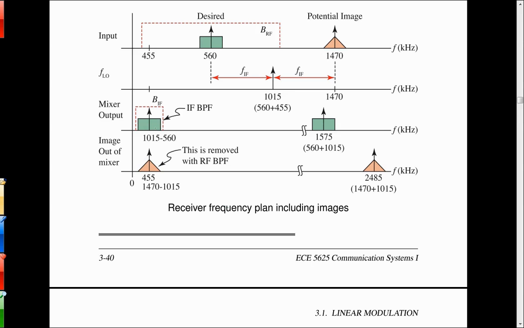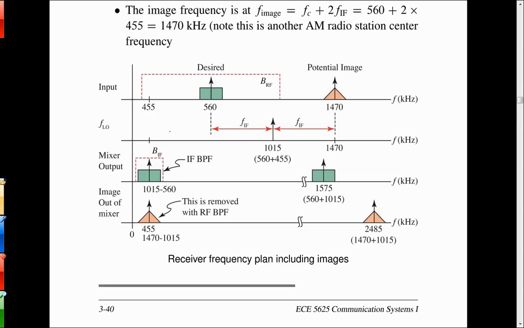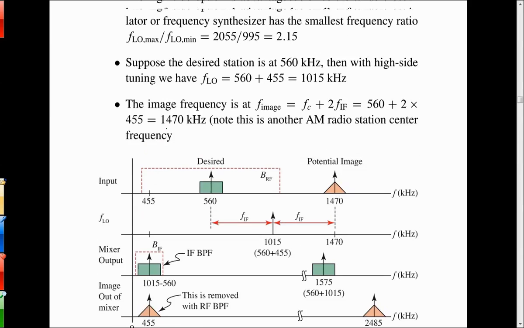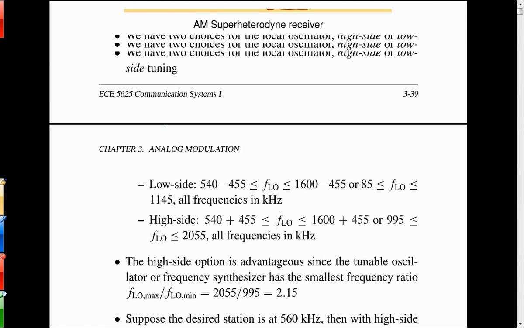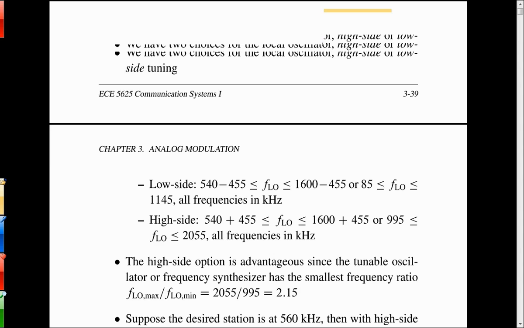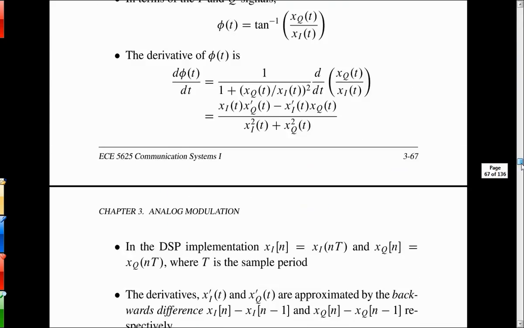Okay, so that allows you to see the image, and then the other thing you get to see once you identify the image, now you know what the design of the receiver can do to protect itself. The picture here, if I can get it to scroll back, it's now going to mess up on me.